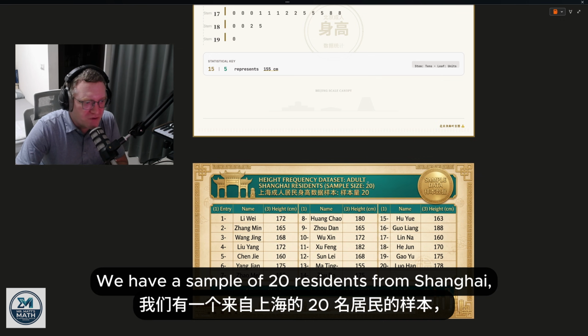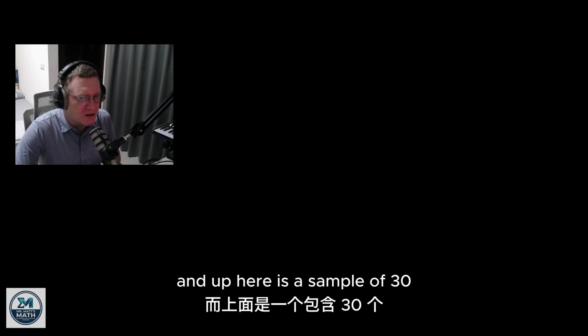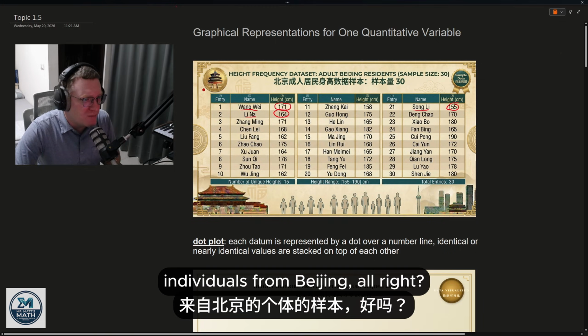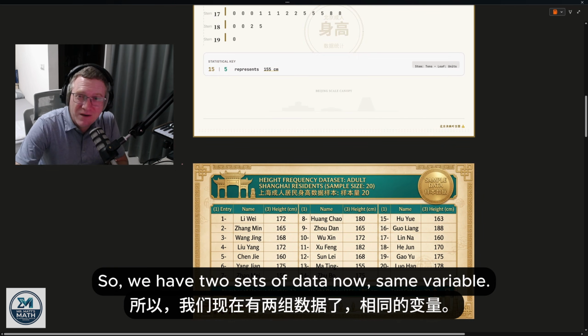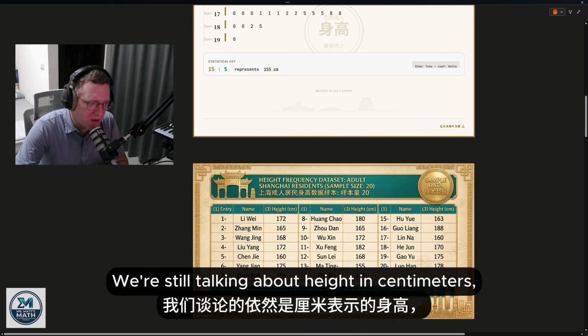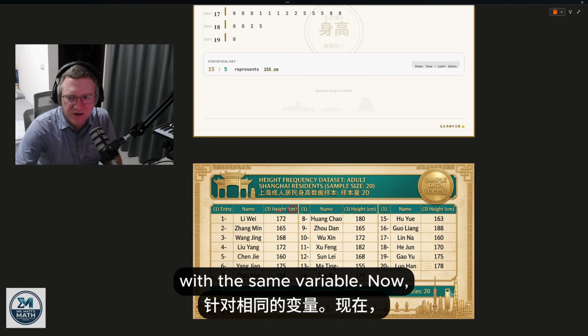We have a sample of 20 residents from Shanghai, and up here is an example of 30 individuals from Beijing. All right, so we have two sets of data now. Same variable. We're still talking about height in centimeters, okay? But we have two different sets of data with the same variable.